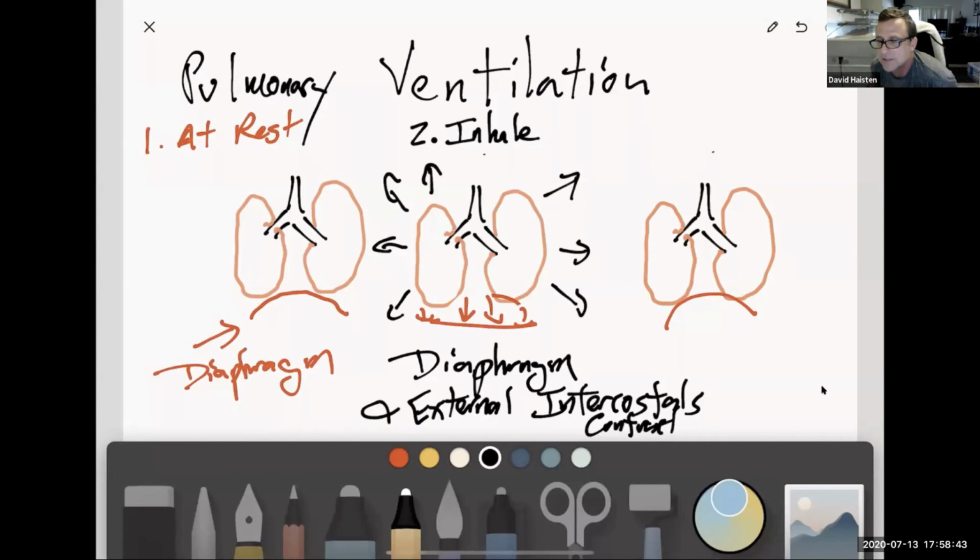Expansion of the thoracic cavity. The parietal pleura moves along with the thoracic cavity. It's stuck to the visceral with the fluid. The visceral pleura gets pulled along as well. So as the thoracic cavity volume expands, the volume inside your lungs expand.